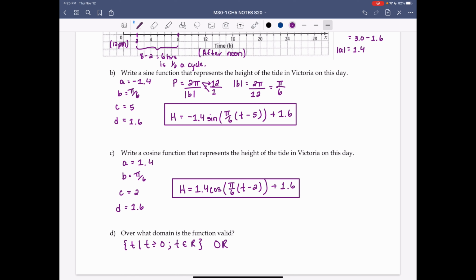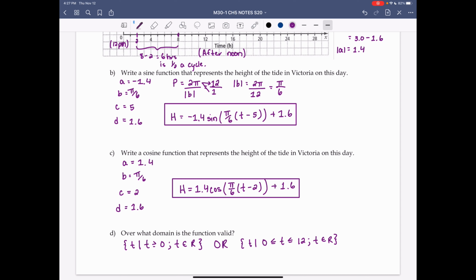So it's specifically talking about one afternoon, and the tide changes from day to day. It's not exactly the same every single day. So maybe we say that this is only valid for the rest of this particular day. So t such that 0 less than or equal to t is less than or equal to 12, t an element of the real numbers.